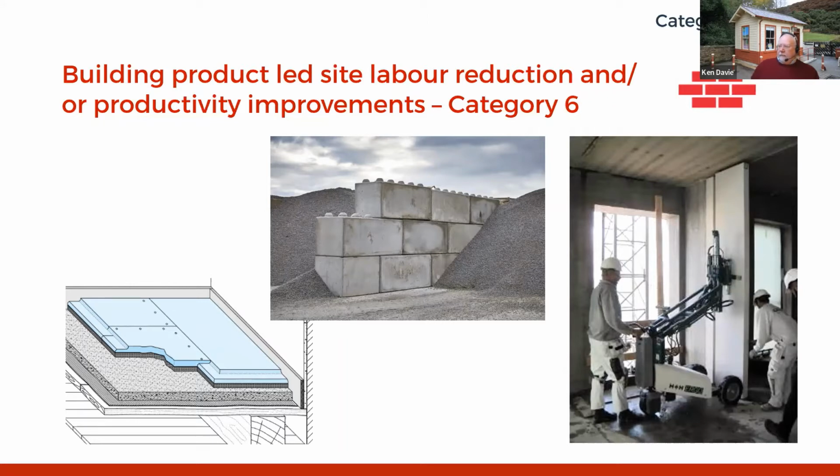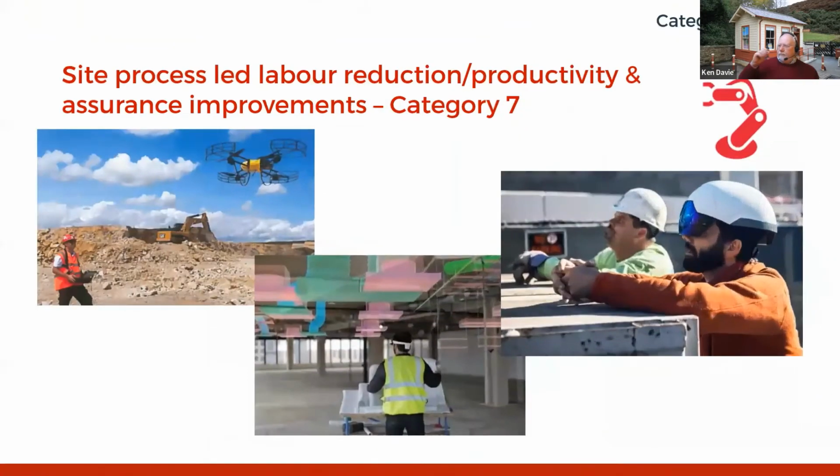And then finally, in the framework, category 7 is process led. And obviously, drones are being used much more. I've seen illustrations and demonstrations of drones, and listening to what's described in terms of the capability, perhaps looking at LiDAR.